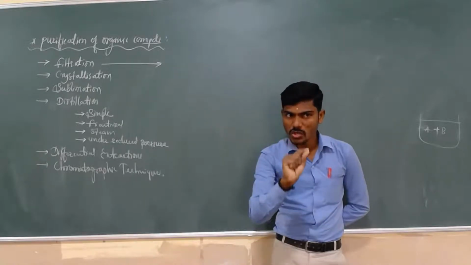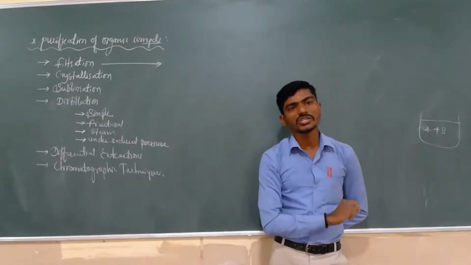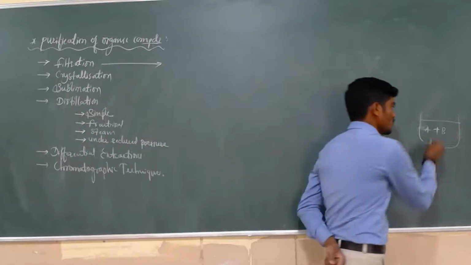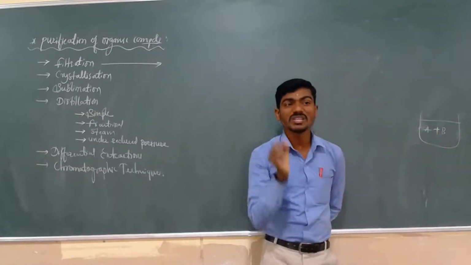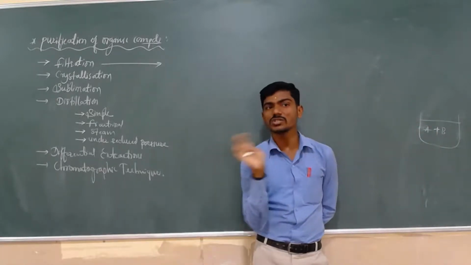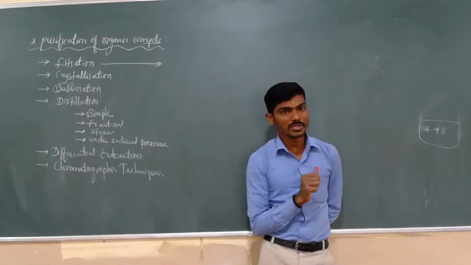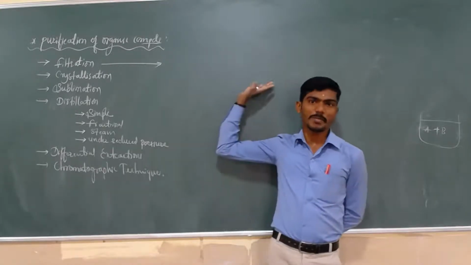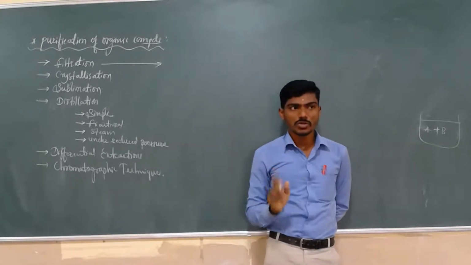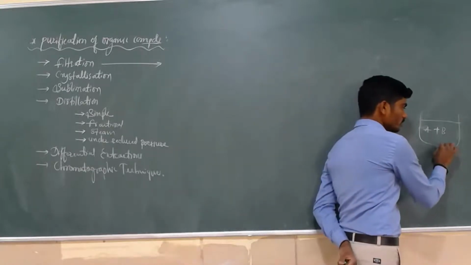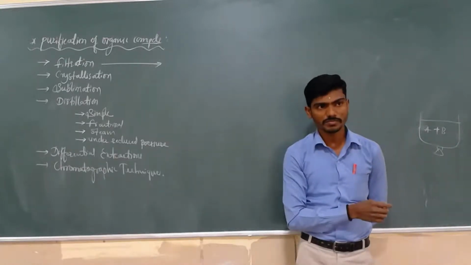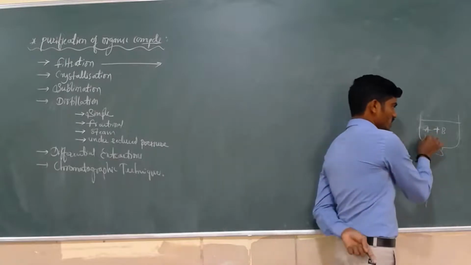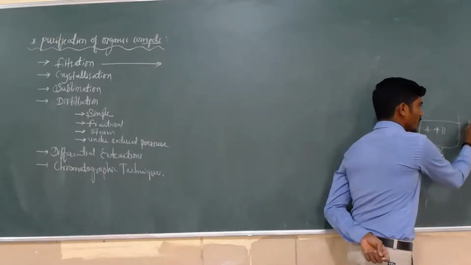So if it is soluble at hot conditions, suppose A is readily soluble and B is completely insoluble. Then what happens? We can separate by using the filtration technique. First, we need to heat. As a result, A is readily soluble at higher temperature.